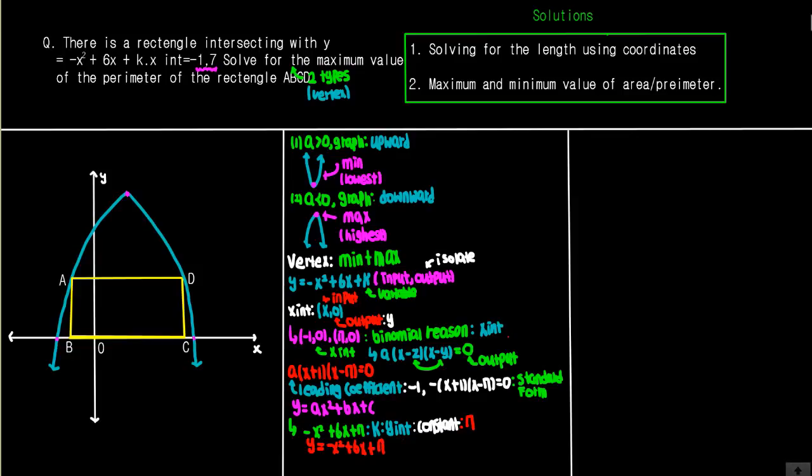Let's think about what our c value will be. Our c value point is right over here, where it also relies on the x-intercepts, but we don't exactly know what the c value is, so we can set it as c comma 0. Now let's think about what our symmetrical line will be.